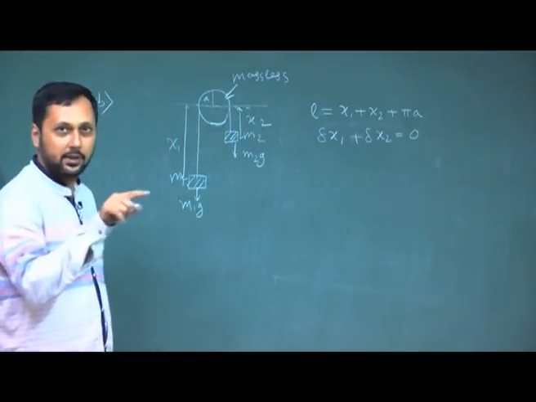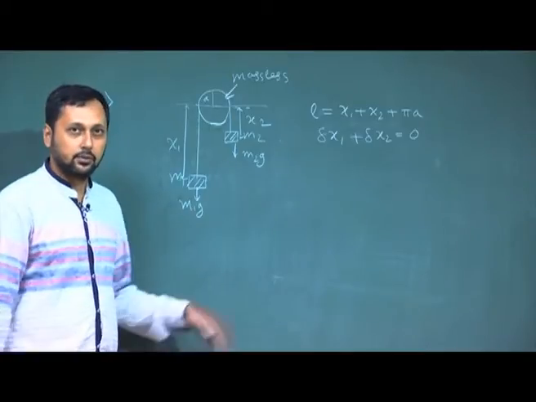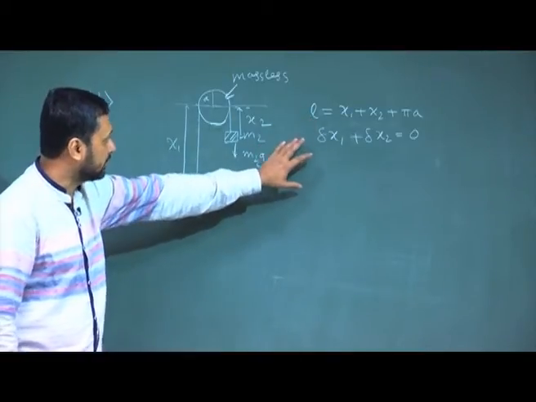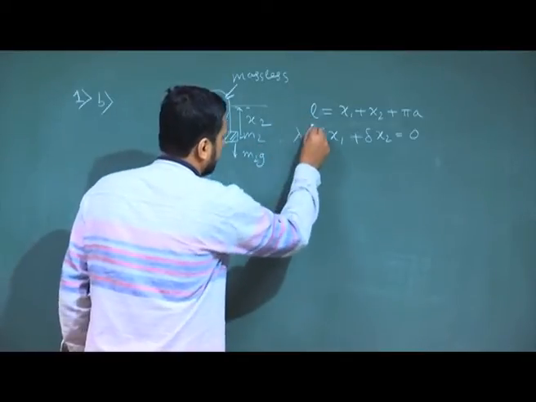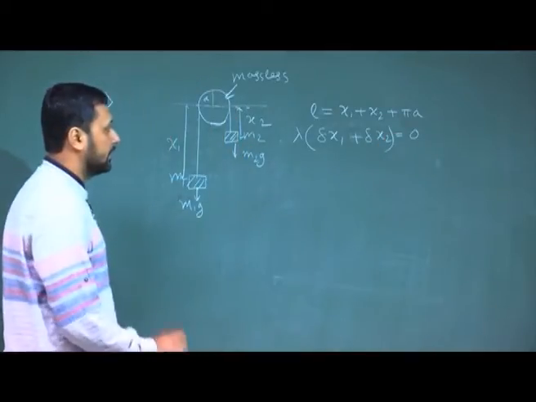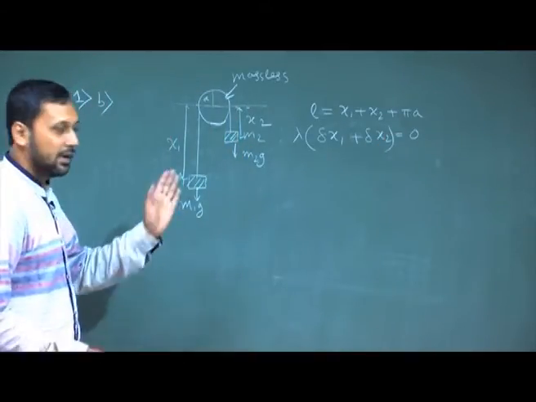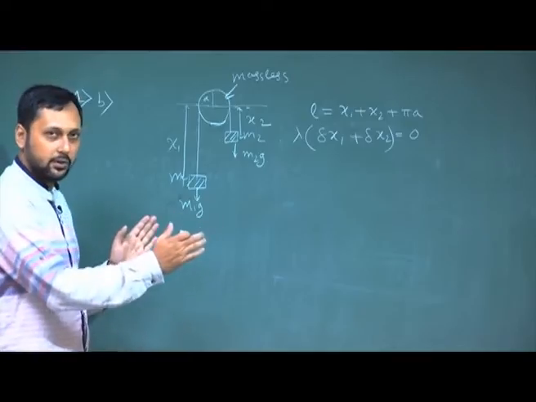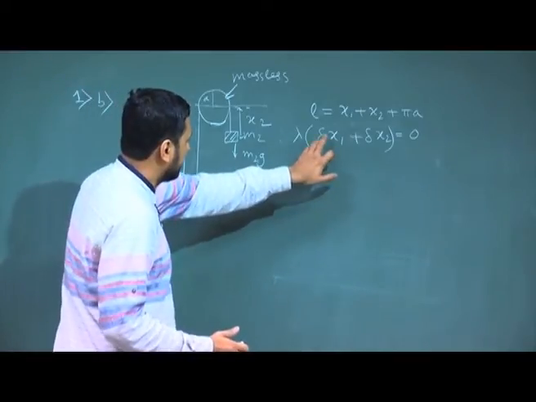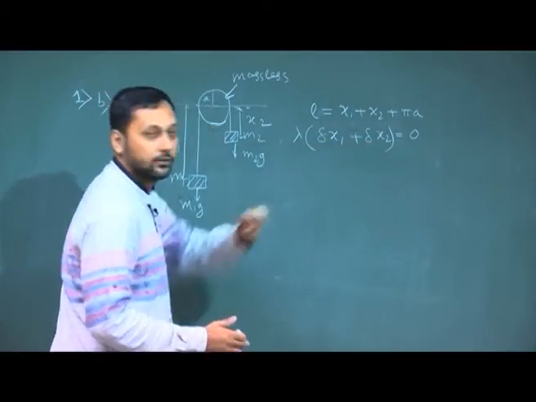So, we have to multiply a lambda for each of these with this constraint condition. So, it will be lambda times delta x1 plus delta x2, and then we can separate it out into variation in x1 and variation in x2 form.